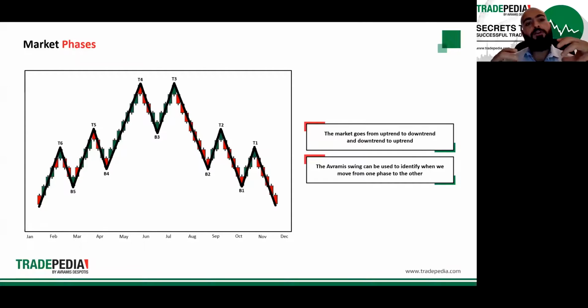It will allow you to catch the new trend from the moment it begins. And what's better than trading with the direction of the trend? The ability to trade with the direction of the trend from the moment it begins, right? And this is what this indicator will allow us to do.